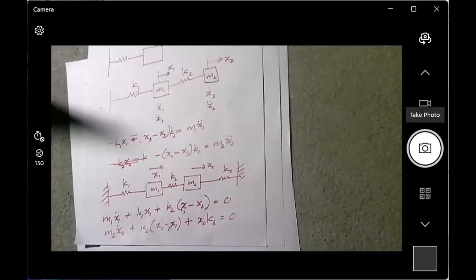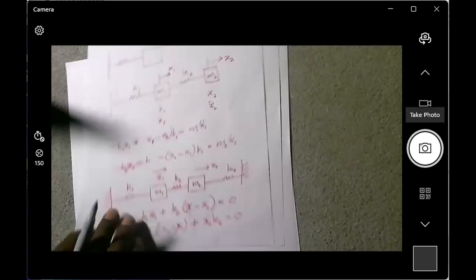Now what we're going to do is arrange the terms a little bit in a simplified manner, so we can extend the same result for multi-degree of freedom systems, right? When you have 3, 4, 5, 6, 7, 8, whatever the number, up to infinite degrees of freedom.